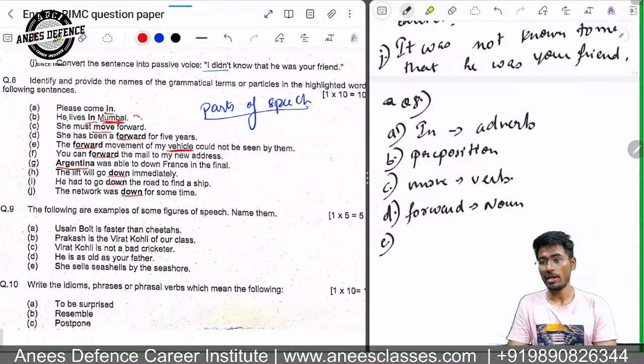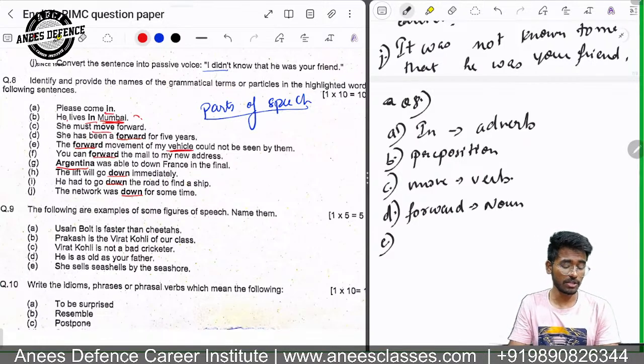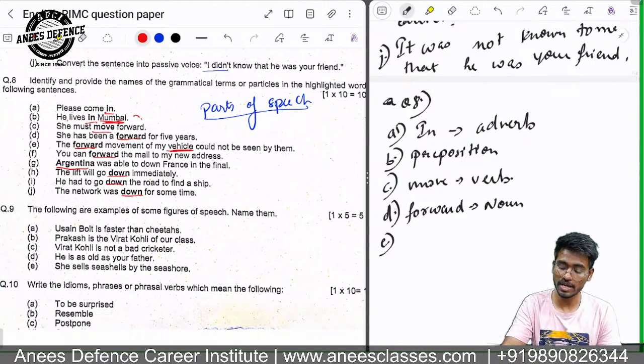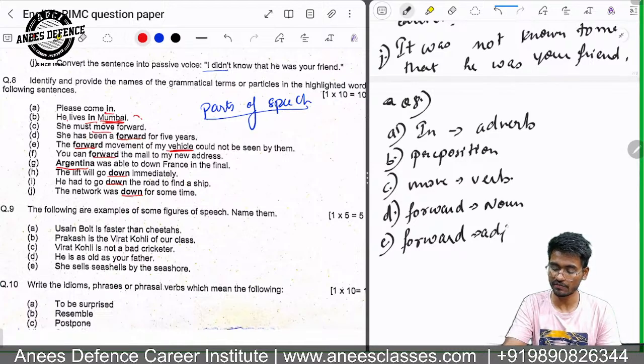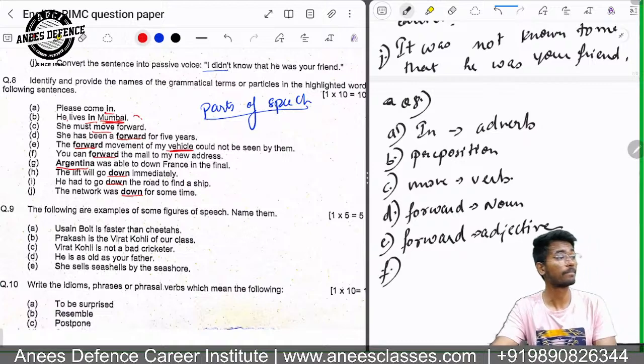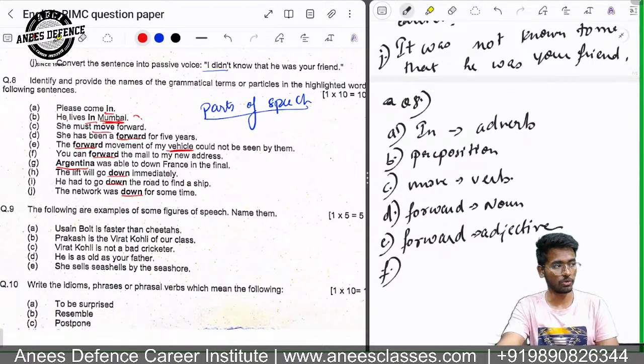Vehicle is a noun, and when something emphasizes a noun or a pronoun, that time we term that word as an adjective. So here, the forward is an adjective. Might confuse you, but this is how it is. Whenever a word emphasizes a noun or a pronoun, it is nothing but an adjective.